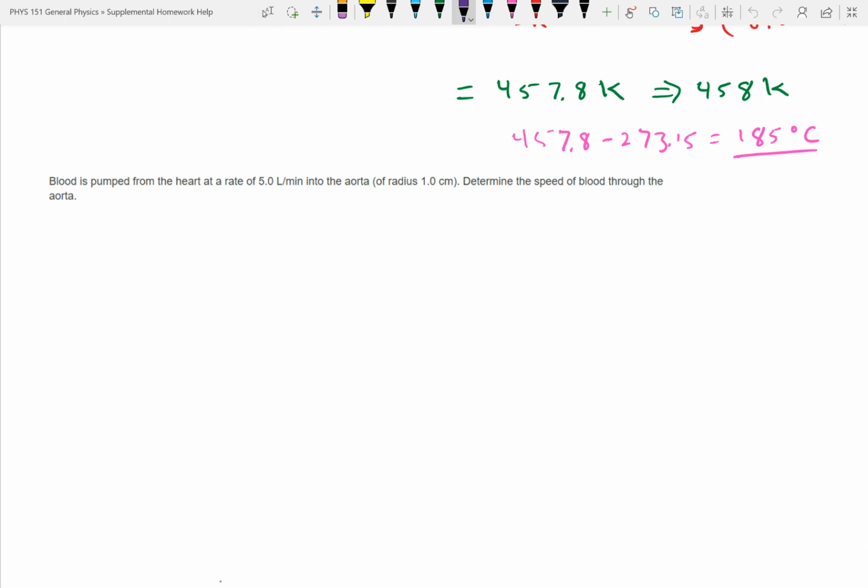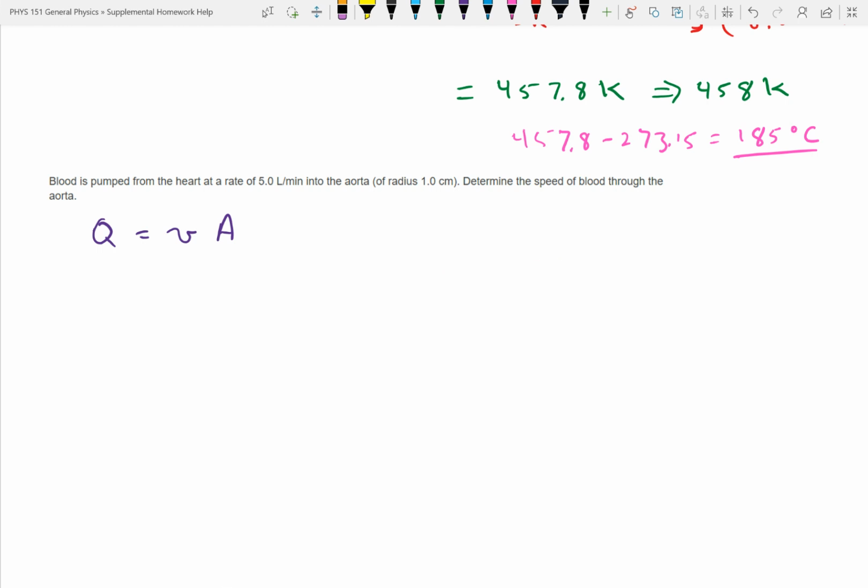There we go. Okay, so we know the flow rate is equal to the speed times the area. And so we have an aorta of radius 1 centimeter. Well, no, radius 1 centimeter.